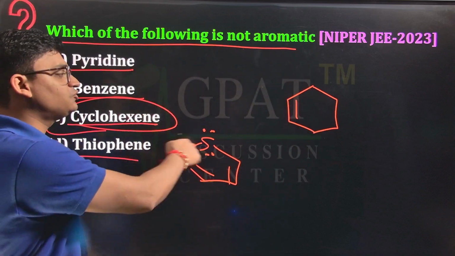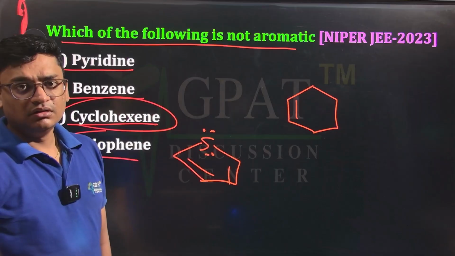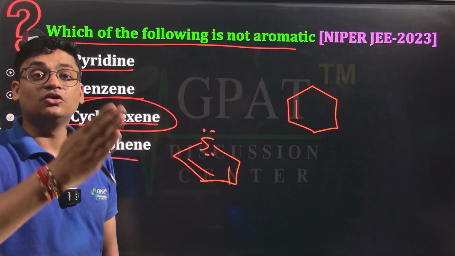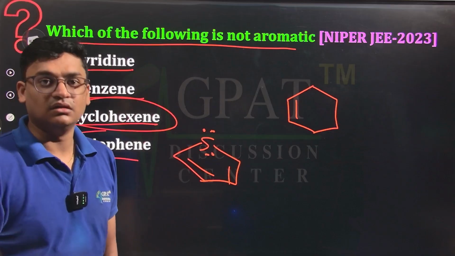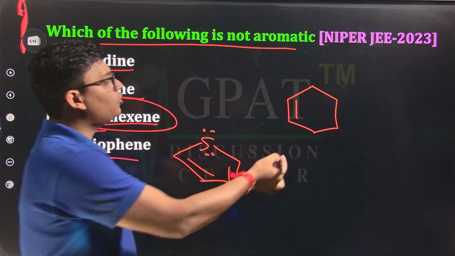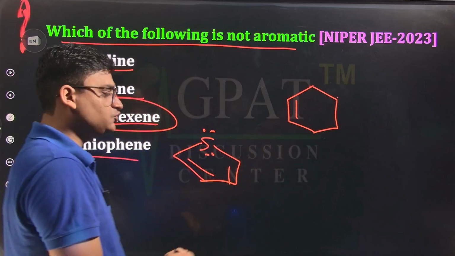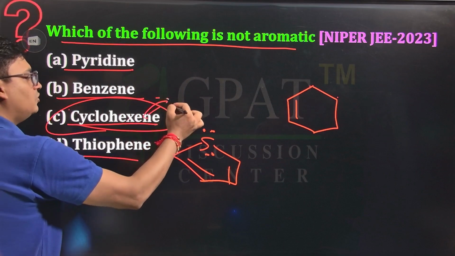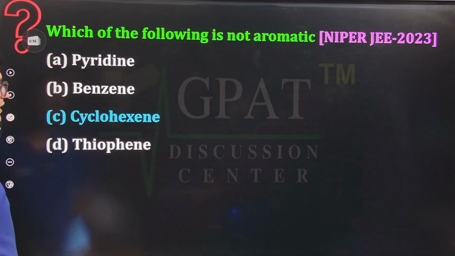It's a cyclohexene, so you have only 1 pi bond, just a single pi bond. Benzene is actually cyclohexatriene. So this is cyclohexene, no conjugation, so it can't be an aromatic one. It will be non-aromatic due to no complete electron pair conjugation.